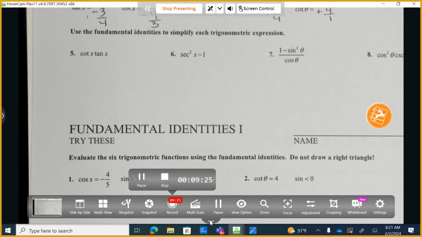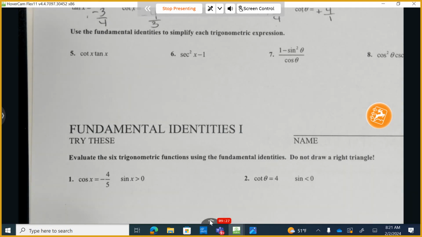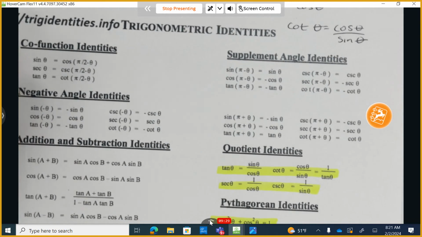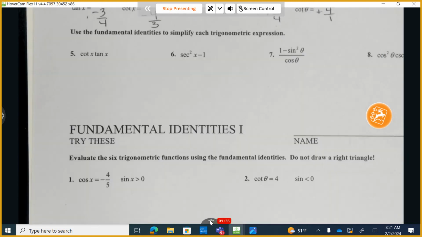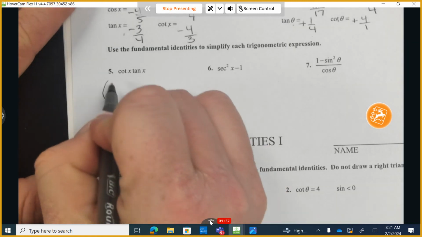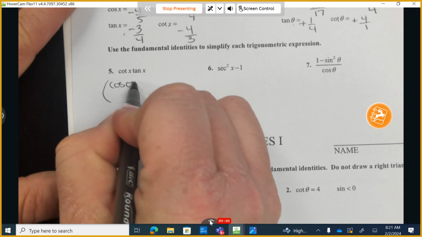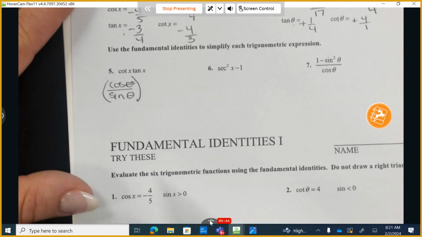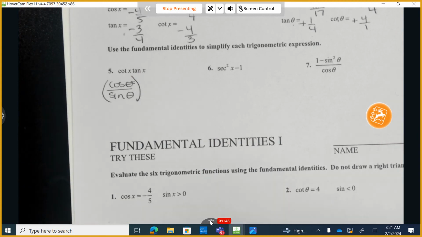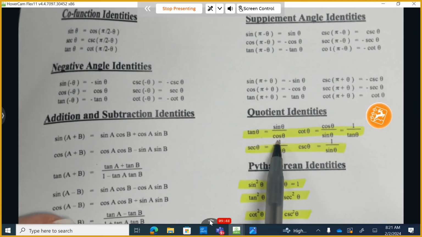Look right now at number 5. I'm going to find cotangent, and Jeremiah noticed that although I put this up above, it was already here. Cotangent is cosine over sine, whether I put a theta or an x. Tangent is sine over cosine.